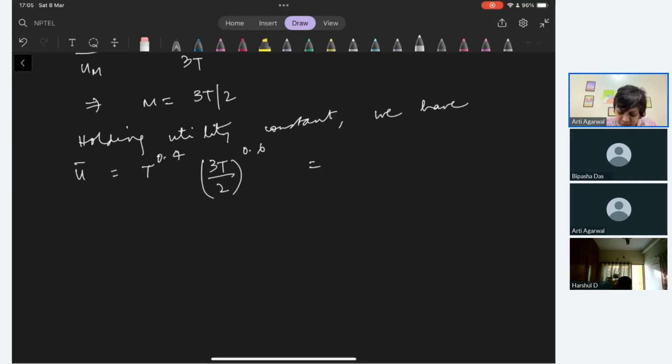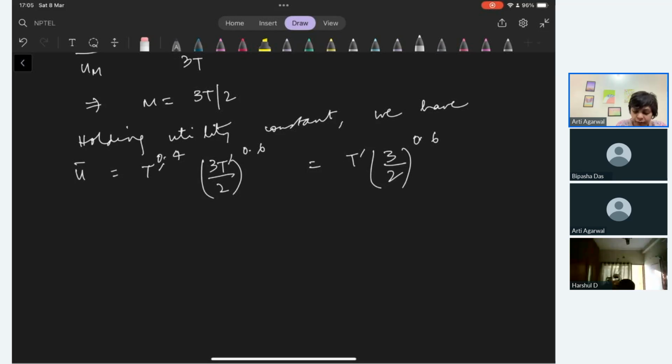So this is just T into 3 by 2 to the power of 0.6. We know U bar, so we can compute this and find the new T value here. Let's call this T prime, because we are computing some intermediate value.